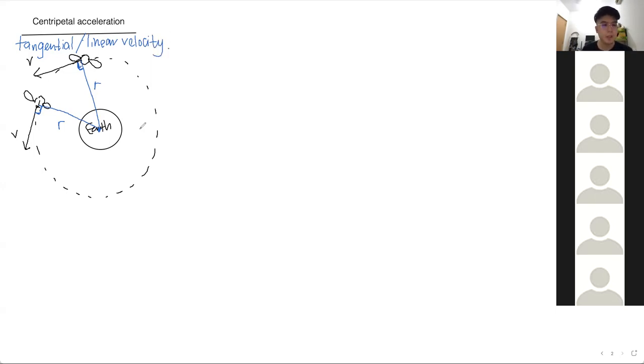Okay, so we have two types of velocity here. Linear and the orbital velocity. Orbital speed measures the revolution.